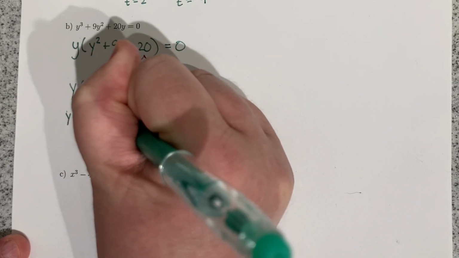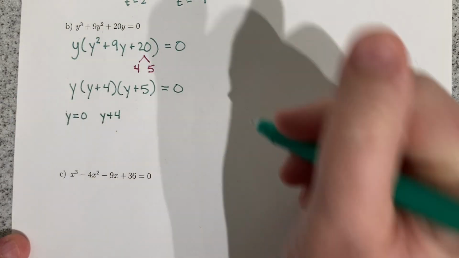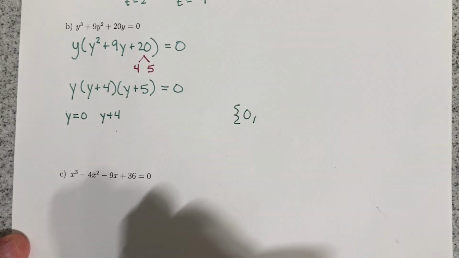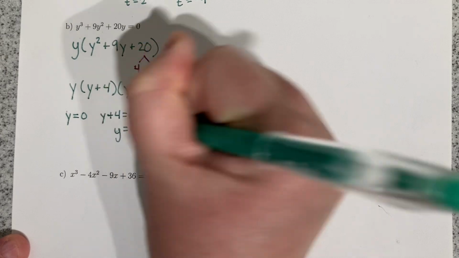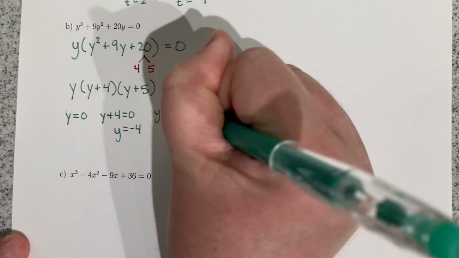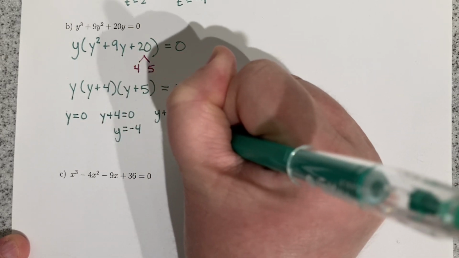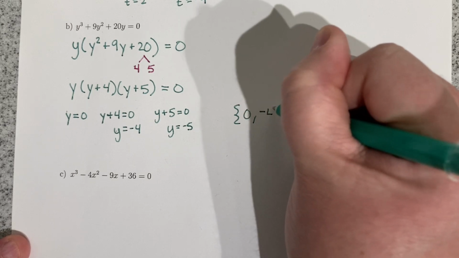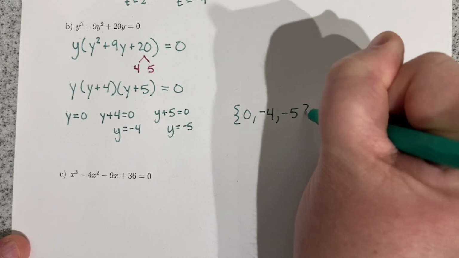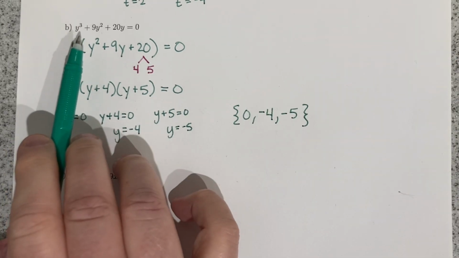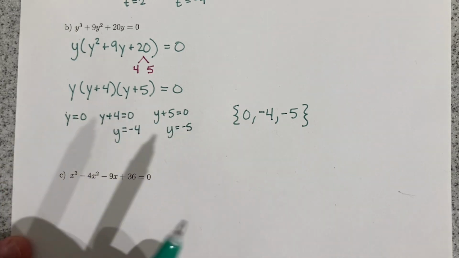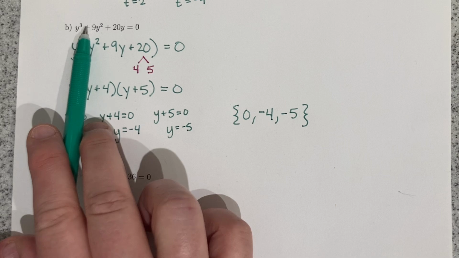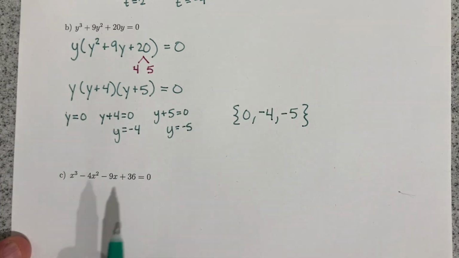Y equals 0 is now going to be one of our answers in our solution set. Y plus 4 equals 0 means y is negative 4. Y plus 5 equals 0 means y is negative 5. So this one has 3 solutions, which sort of makes sense because it's a cubic. Right? When x or y squared is the highest power, we usually get 2 solutions. When it's y cubed, that opens up the possibility of having 3 solutions like this one.